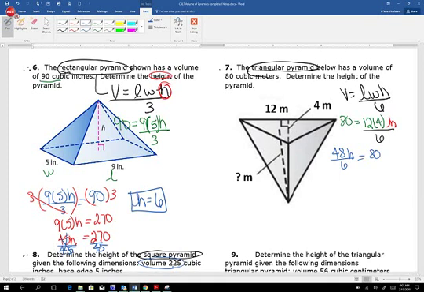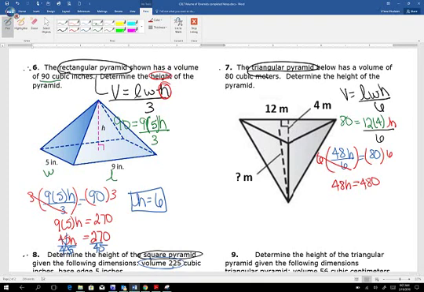I know I need to multiply both sides of the equation by 6 first. These cancel out. I'm left with 48 times the height. And I want you to recognize that 48 is kind of like the length times the width, or the area of the base. 80 times 6 is 480.